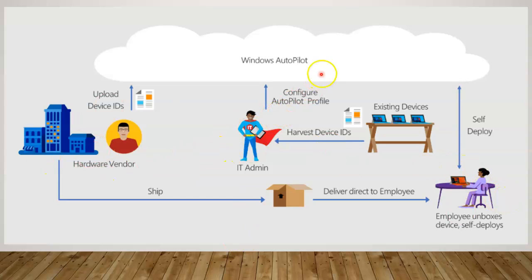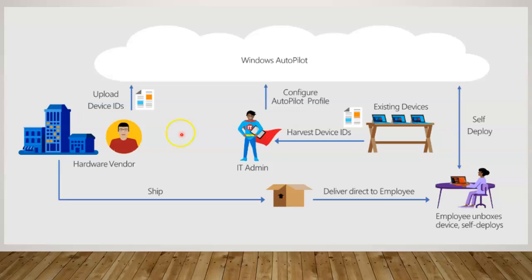Now, with the Autopilot option, once you place the order with your hardware vendor, they will generate a machine inventory file which has some unique information, which I'm going to talk about at a later point. Think of it as a unique file where each machine has some identity.